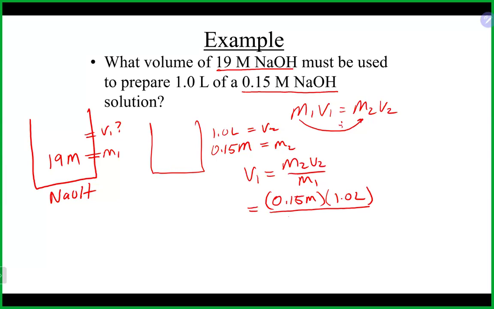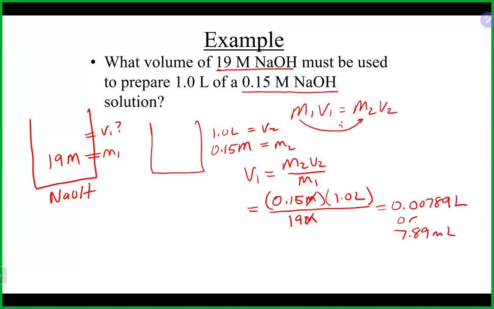And we're going to divide it here by 19 molar. So the molarity is going to cancel, and that's going to be liters. So 0.15 times 1 divided by 19 will give me something like 0.00789 liters. Or if I want maybe an easier unit, that is 7.89 milliliters.